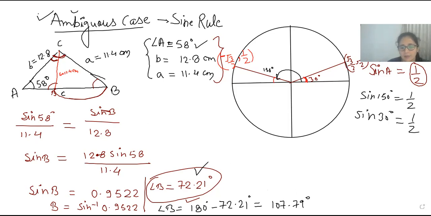And when angle B is equal to 107.79 degrees, this is an obtuse angle, and in that case the value of C will be different. So from this given data, you are going to draw two triangles. And you can prove it here also. So now you have two values of angle B. Let's say case 1 and case 2.